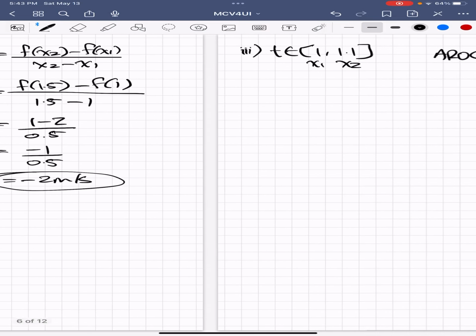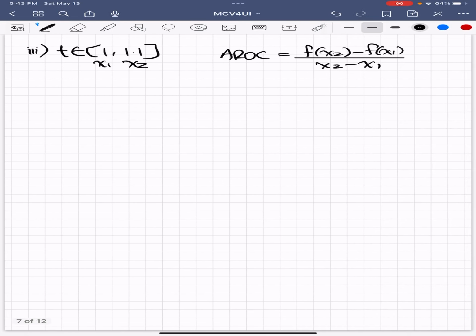So we have the formula here: f of x2 minus f of x1 over x2 minus x1. We can see our x1 would be 1 and our x2 would be 1.1.